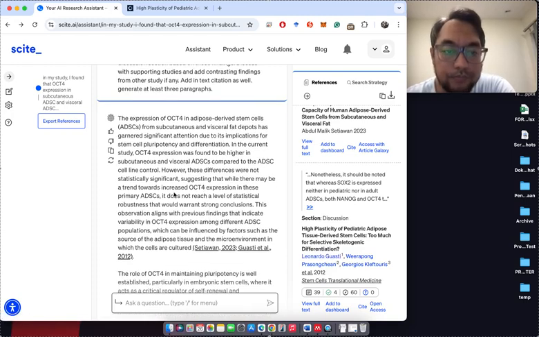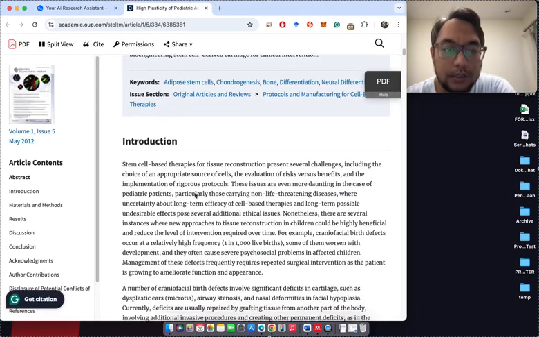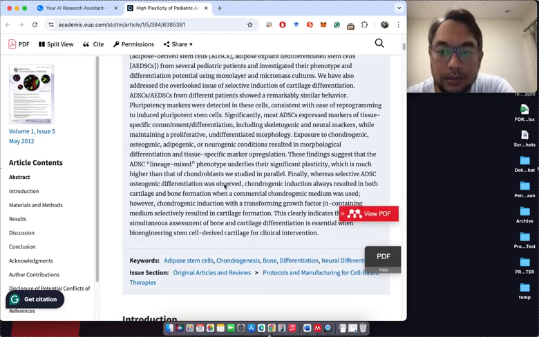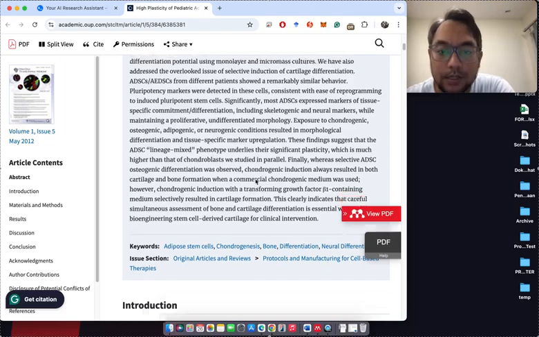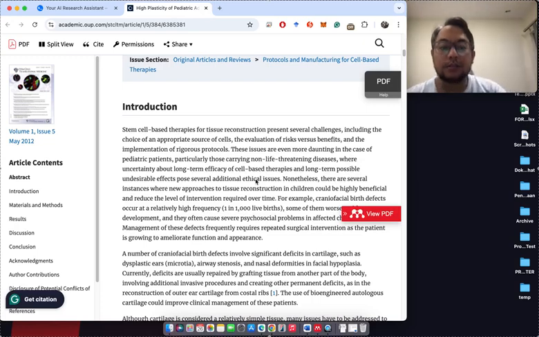It's not too specific. At least we can say that optimal expression in this place doesn't reach the level of robustness. This observation aligns with previous findings that indicate variability in optimal expression. This is the keyword: variability in optimal expression among ADAC populations. So we have to see, is there any? Look, these findings suggest that the ADAC lineage mixed phenotype underlies in passive and then control blast. Did the study even say anything about optimal?